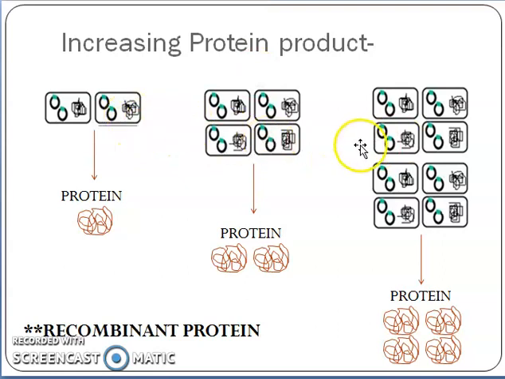Because the number of cells is increasing exponentially, the number of rDNA will also increase inside cells. And if the number of rDNA is increased inside cells, the number of copies of the gene of interest is also increased inside cells. As a result of this, the expression levels of those genes are also increased. So the amount of protein will keep on increasing.